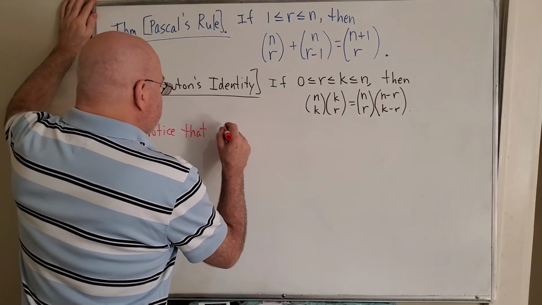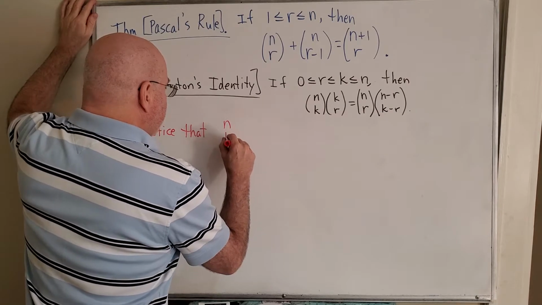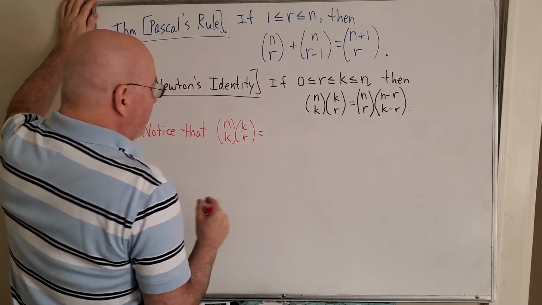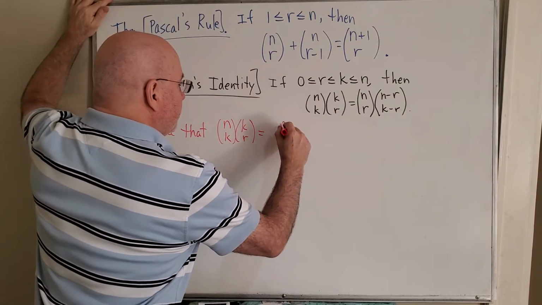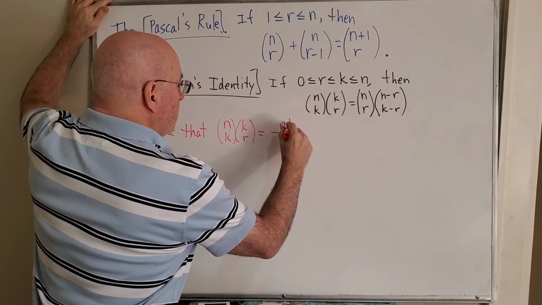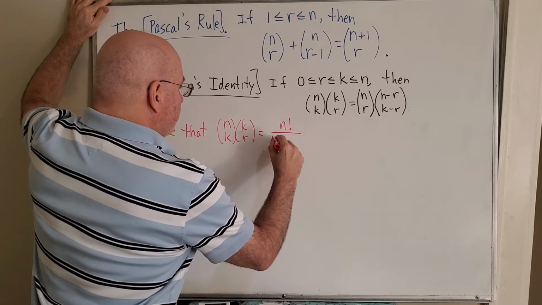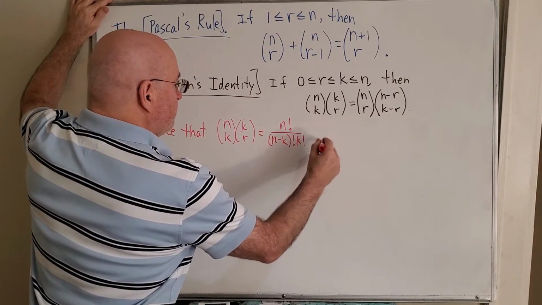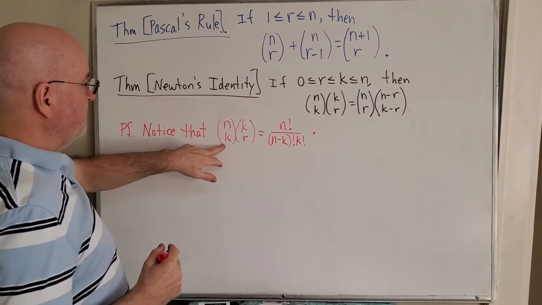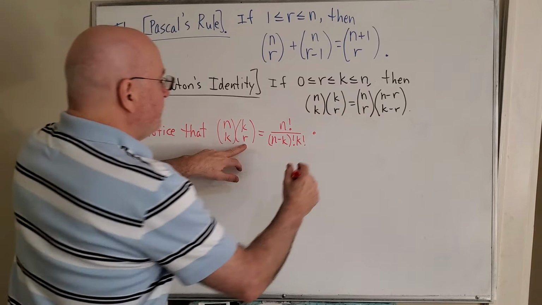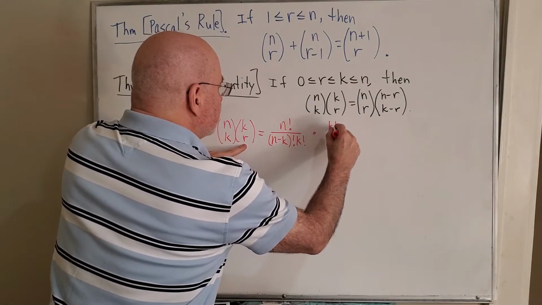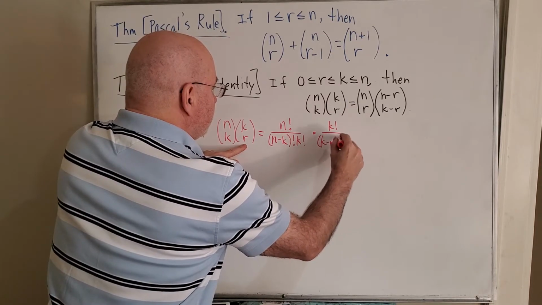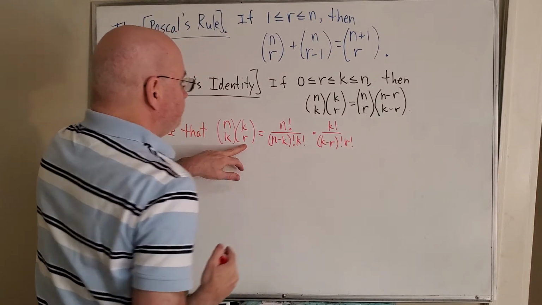So we will notice that n choose k times k choose r, by definition, is equal to n factorial over n minus k factorial k factorial. That's the first one. And then by definition, the second one is k factorial over k minus r factorial r factorial.